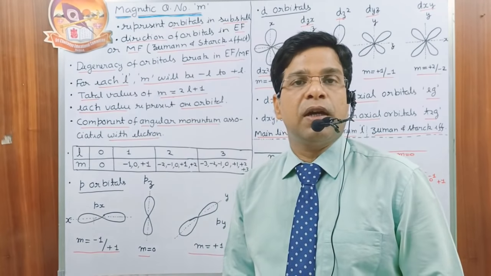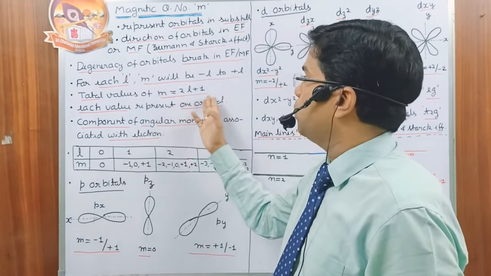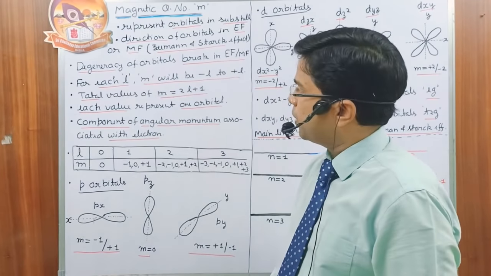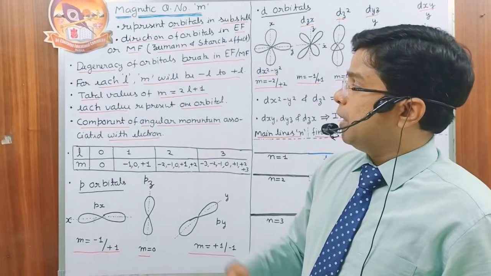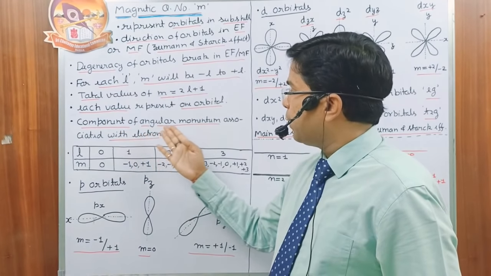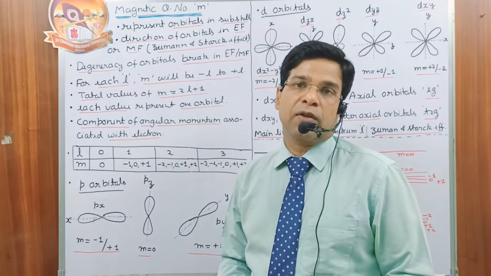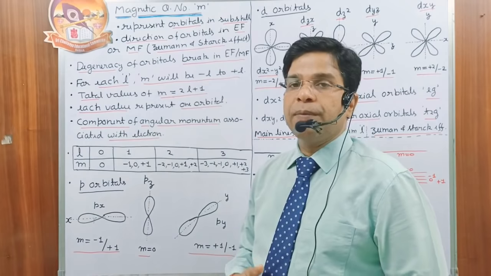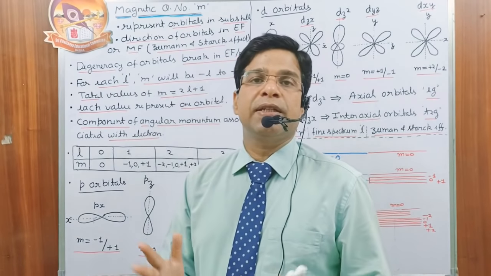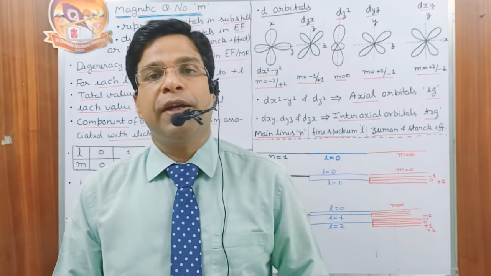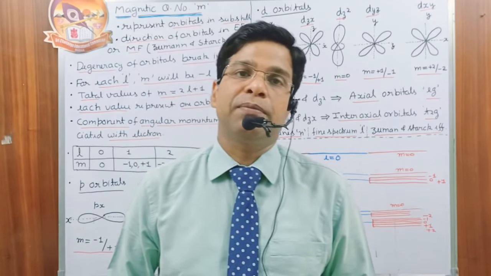The total number of values of M becomes 2L plus 1, and each value of M represents one orbital. It represents the component of the angular momentum associated with the electron. As I told you, these orbitals break their degeneracy and become separated according to their component of the angular momentum.